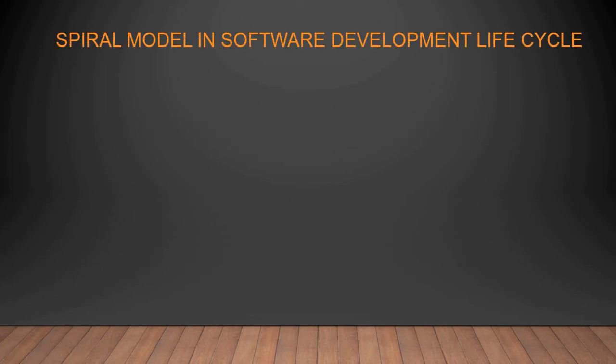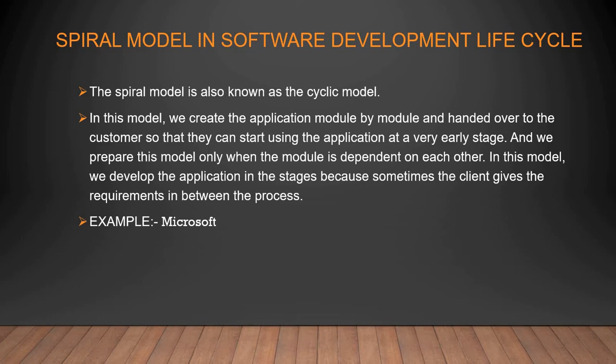The biggest problem we face in the waterfall model is that taking a long duration to complete the project and the software become outdated. To solve this problem, we have a new approach which is known as a spiral model. A spiral model is also known as the cyclic model.